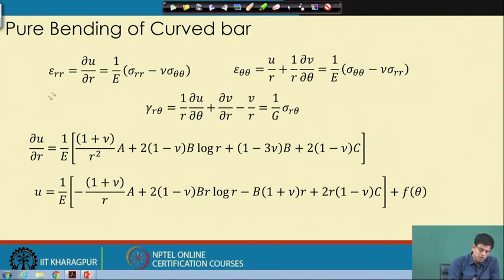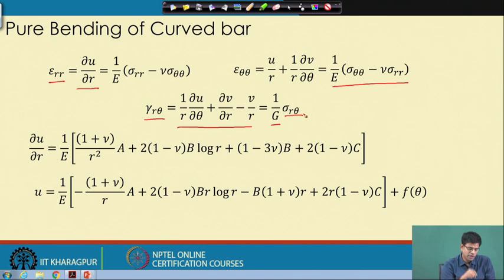Now we are doing it in the polar coordinate system, for which epsilon r r is essentially del u del r, which is 1 by E into sigma r r minus nu sigma theta theta, and epsilon theta theta is u by r plus 1 by r dv d theta. This also equals this, and then the shear strain gamma r theta equals the shear modulus times this.